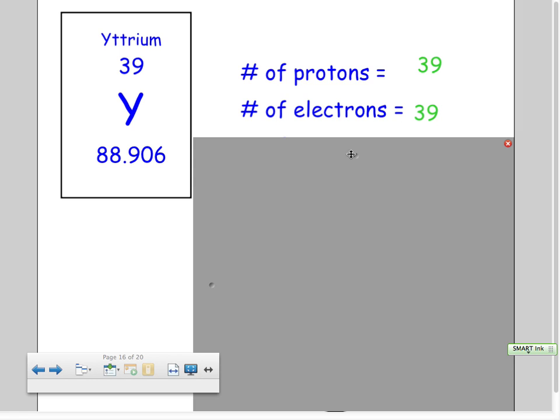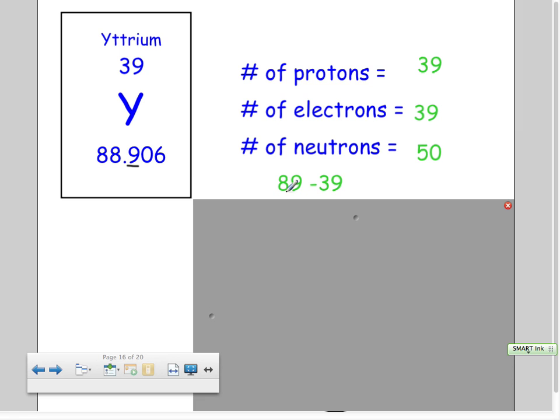Now, remember, to find neutrons, you need to subtract the atomic number from the rounded atomic mass. So 88.9 means you need to round that to the nearest whole number, and that would be 89. So you would have 89 minus 39, and if my math is correct, it should be 50.